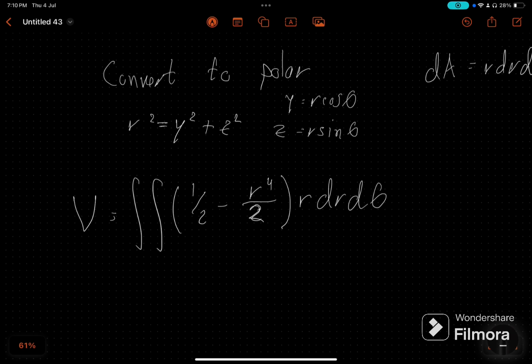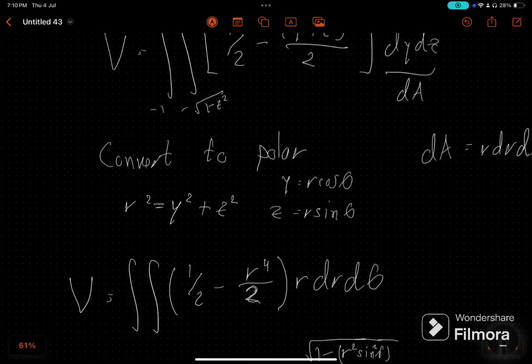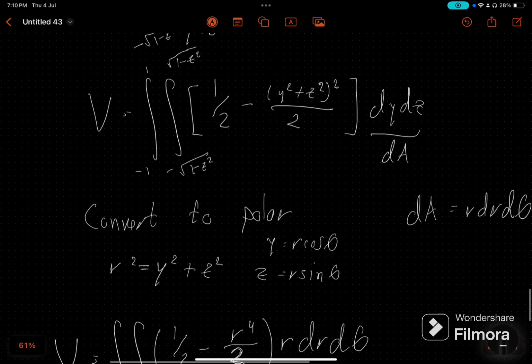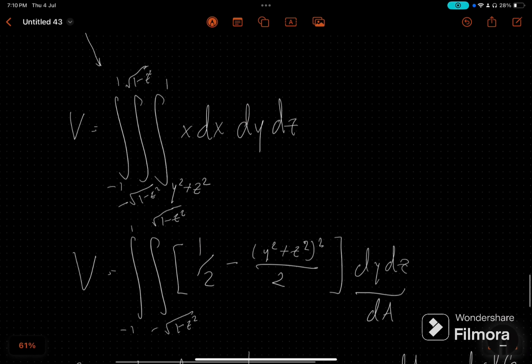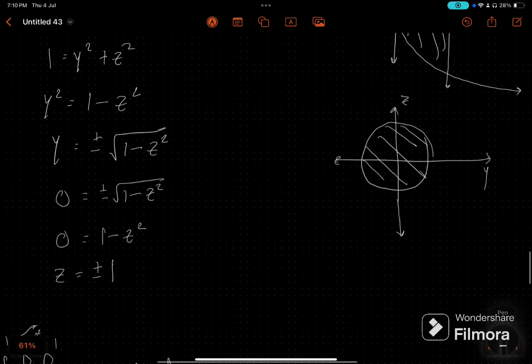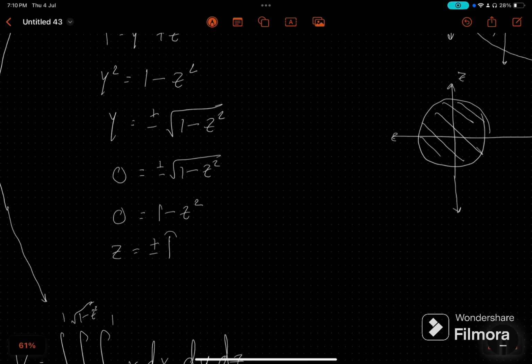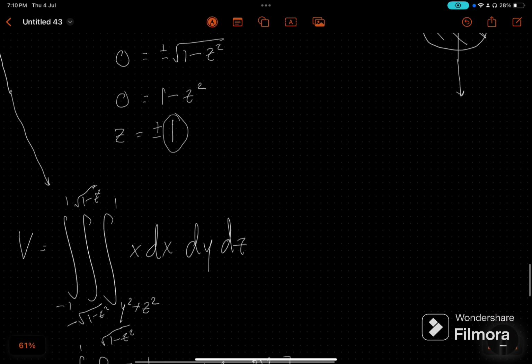And now if we take the square root of 1 minus r squared, it's gonna be just 1 minus r squared. Actually, what are the limits of our r? R here is just 1. So we're gonna go from 0 to 1.